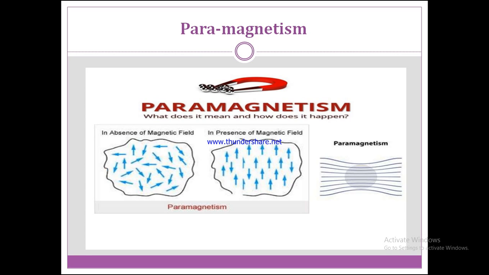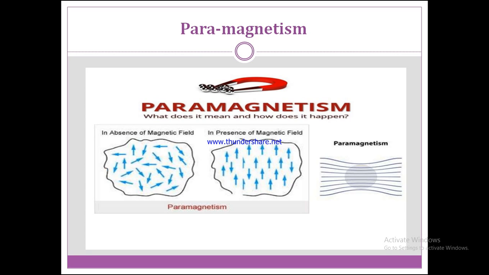However, the dipoles do not interact with each other. The materials which exhibit a small positive magnetic susceptibility in the presence of a magnetic field are called paramagnetic materials, and the effect is termed paramagnetism.